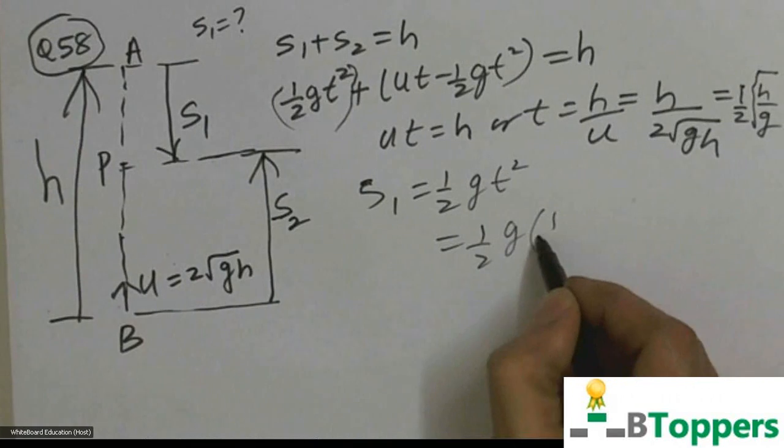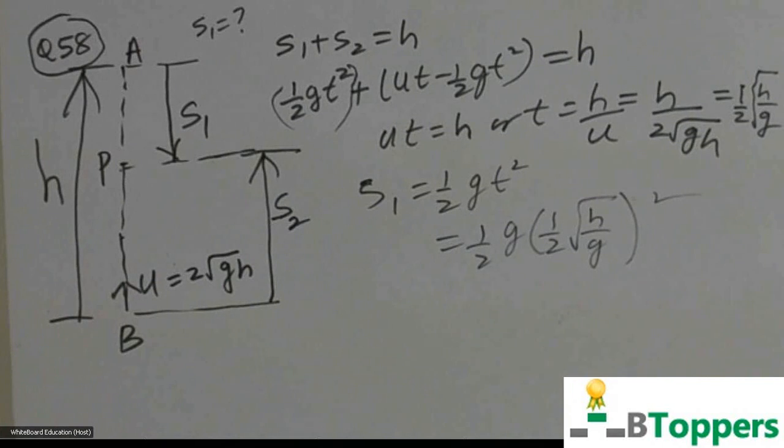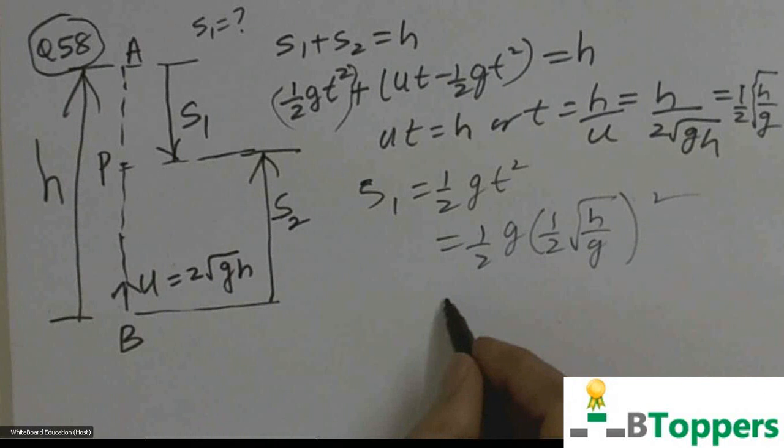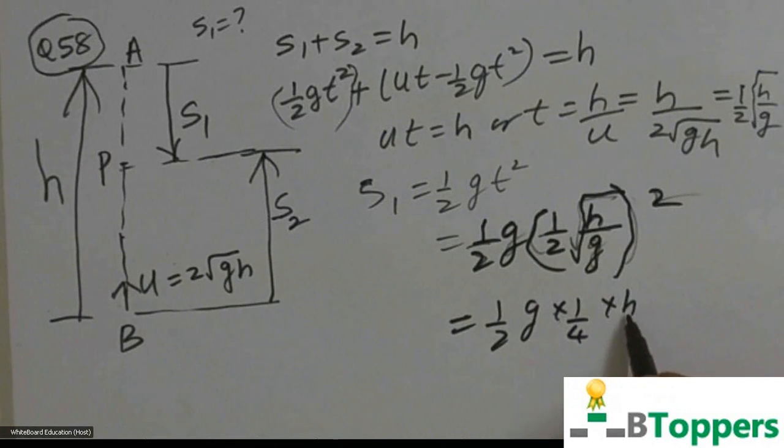So half g into half of root of h by g, whole squared, gives h by 8. So h by 8 from the top. In case you are asked the distance from the bottom, it will be h minus h by 8, or 7h by 8. If you want to copy the solution of the problem, you can pause and copy it.